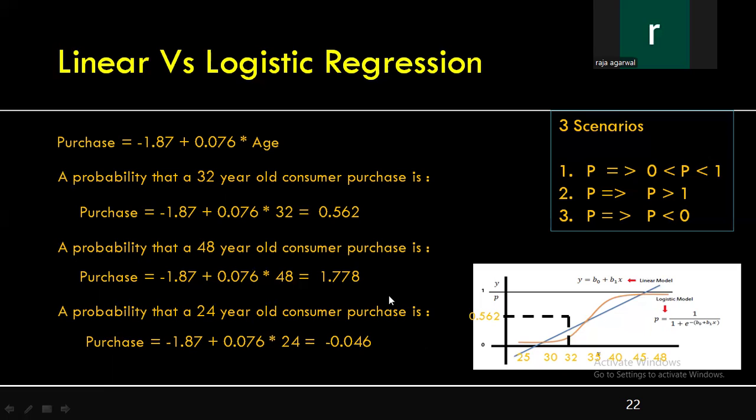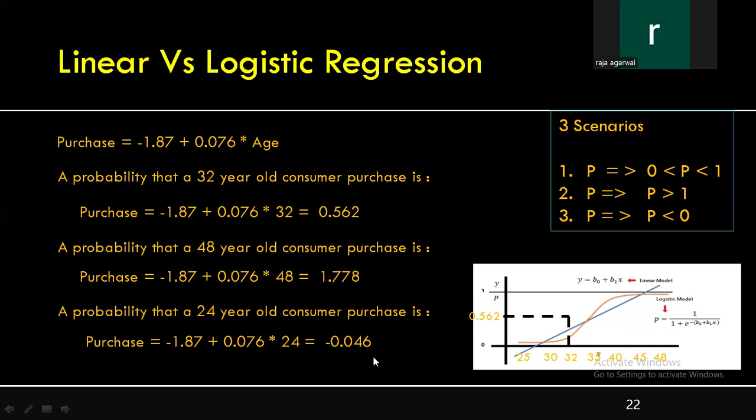In this case, if you divide this value by the same value plus 1, it will become bounded between 0 and 1. This is how the scientists came up with the equation.